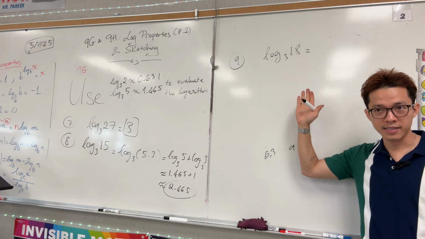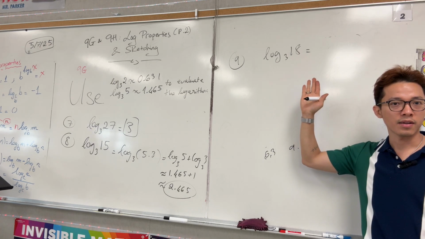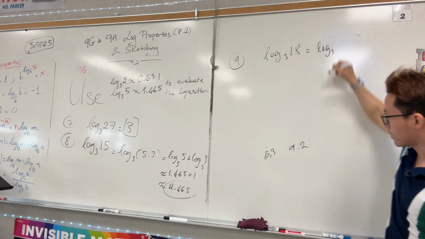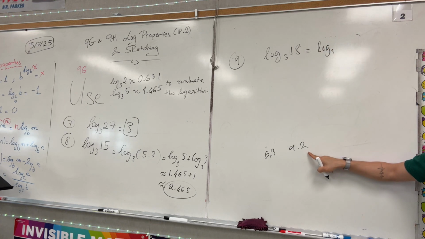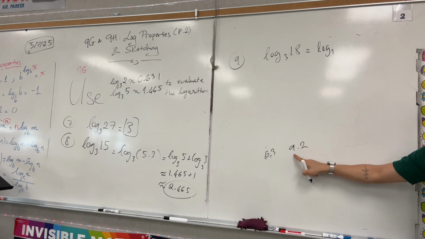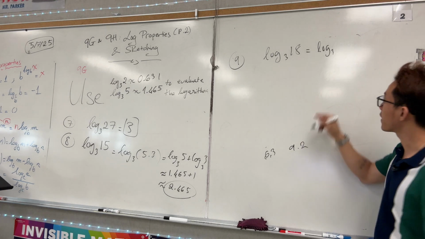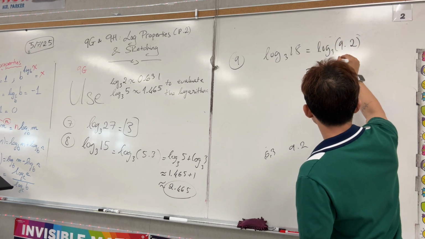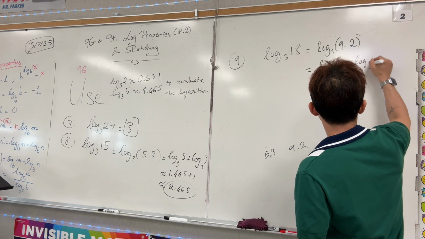Who says 6 and 3? Who says 9 and 2? Oh, good. Why is 9 and 2 better? Do you know log base 3 of 2? They gave it to you, right? Do you know log base 3 of 9? Yeah, it is 2. So 9 and 2 is much better. So log base 3 of 9 plus log base 3 of 2.